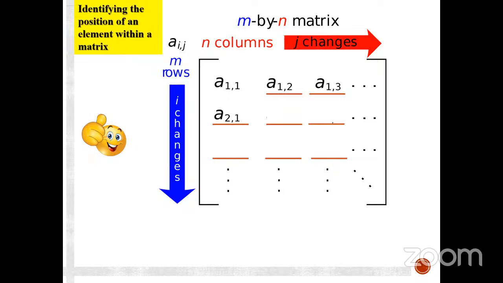Excellent. What about the immediate right of A21? Very good. And right beside that, what's the next one? And of course, 2-3 is in the chat, and they're all saying 2-3.